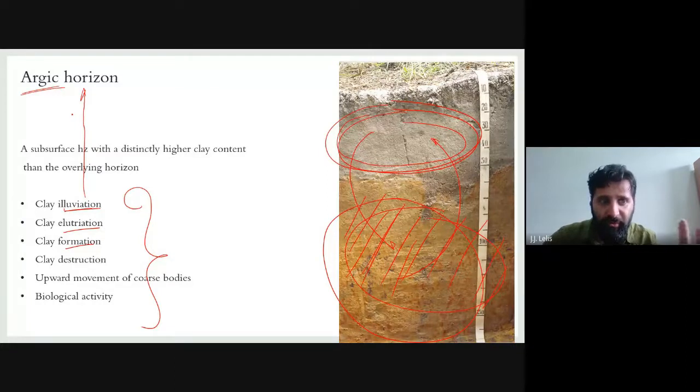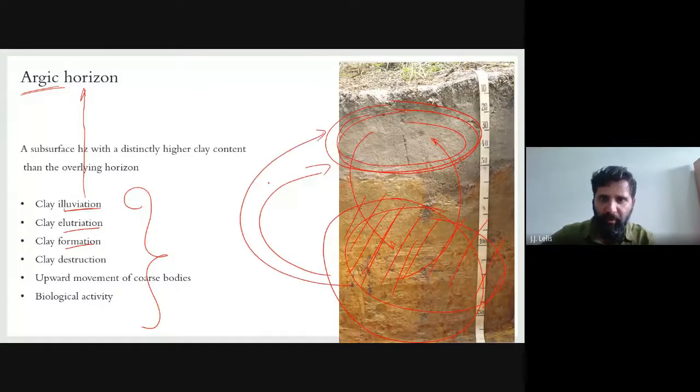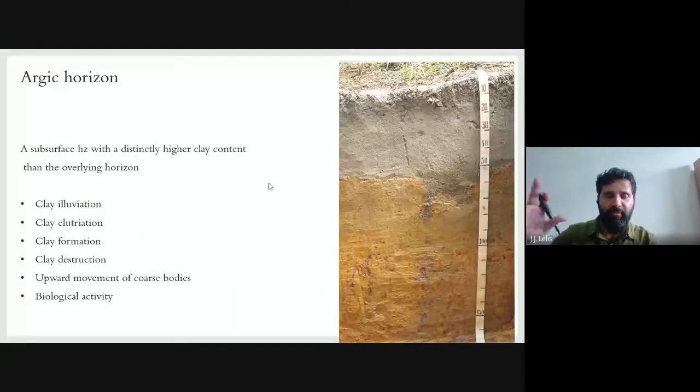The definition of it is a subsurface horizon that presents a higher content of clay in comparison with the overlying horizon. Okay, this is very important to remember when we start to describe the definition and the criteria of the argillic horizon. Okay?